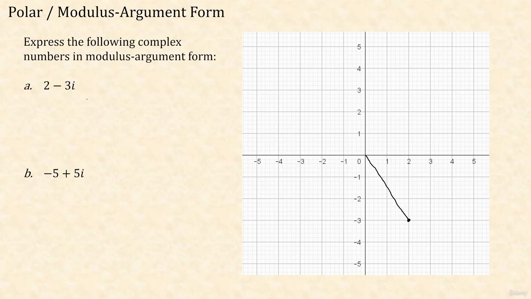Well, the modulus is simply Pythagoras on the real and the imaginary parts. So it's the square root of 2 squared plus 3 squared. Don't worry about positives and negatives for this. 4 plus 9 is 13, it's root 13. So there's the modulus. What about the argument? Well, it's this angle, and it's going to be a negative number.